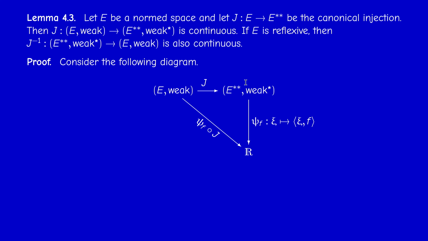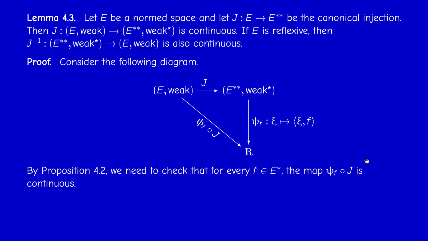Okay, so why is this composition continuous? This is easy, because psi f of J evaluated at x is just by definition psi f evaluated at Jx. So this is just Jx of f, which is by definition f of x.